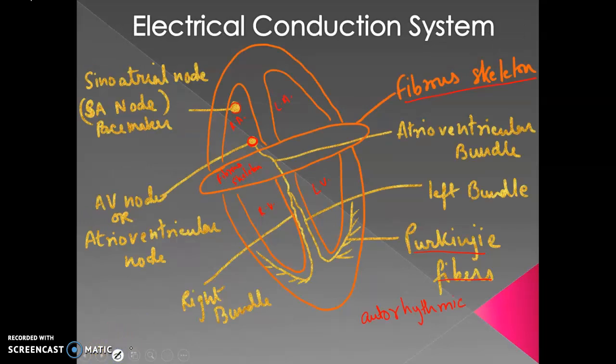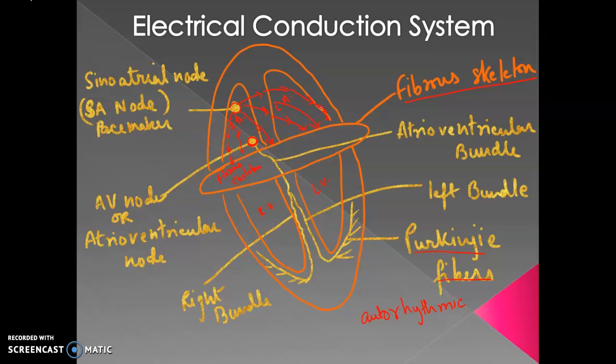Okay. Now listen very carefully. The SA node starts firing electrical impulses. So it starts firing, and the action potential spreads all over the atria, and it hits a fibrous skeleton, right?